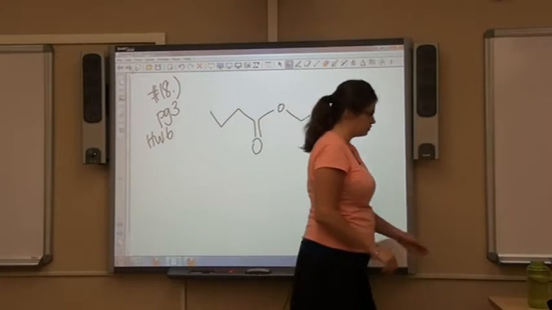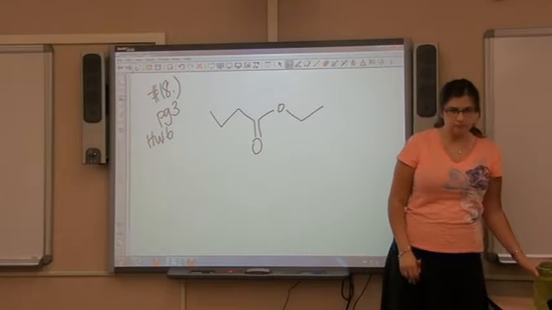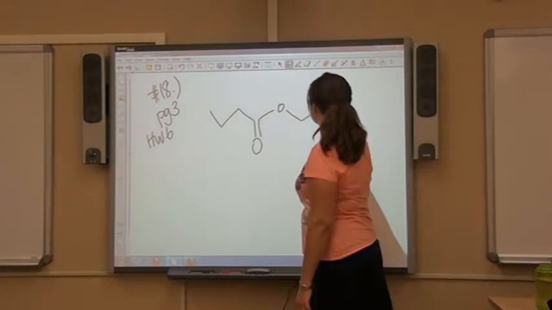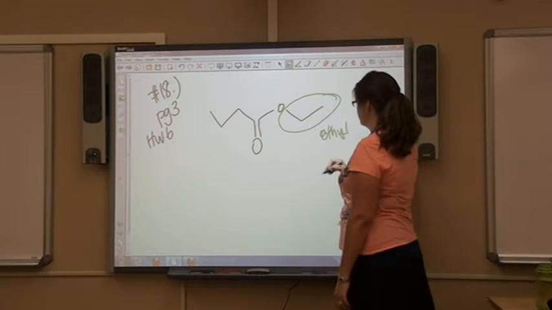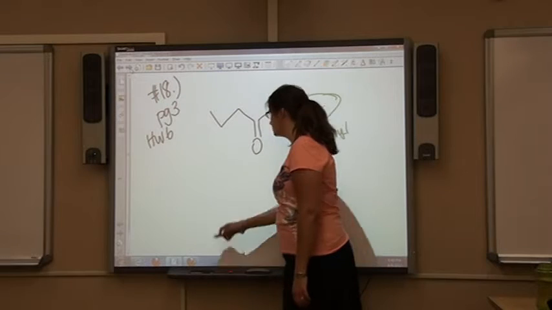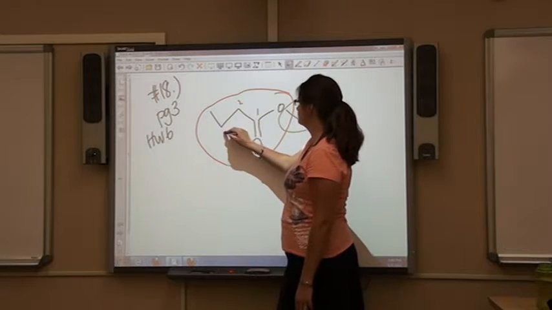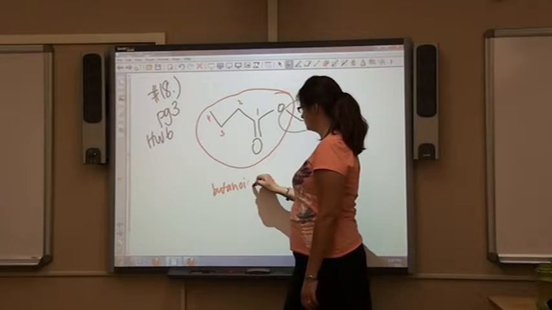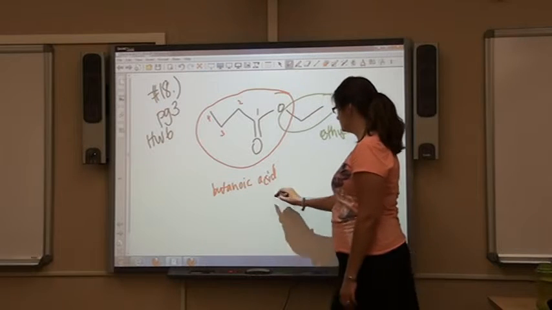Okay, this is one from your homework. Find your alkyl group. Name it. Find your acyl group. Name it like a carboxylic acid. Put them together.